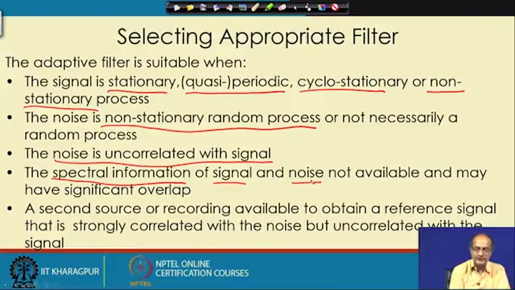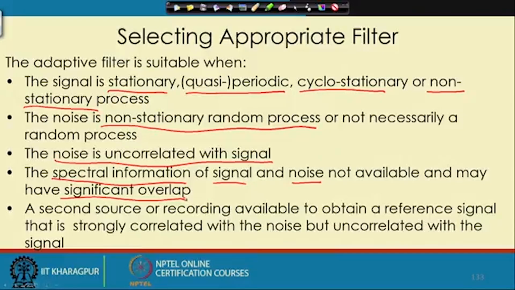And in this case, even if both have significant overlap in the spectral domain, it can still work. It can give the best possible answer, though we know that if they are separated in the spectral domain, any filter will give a better output.